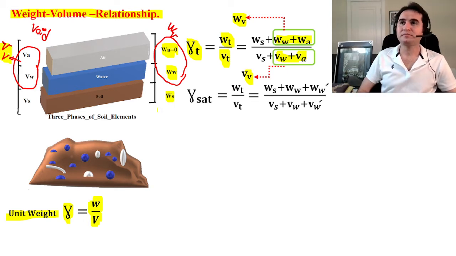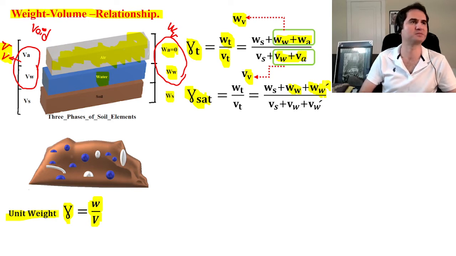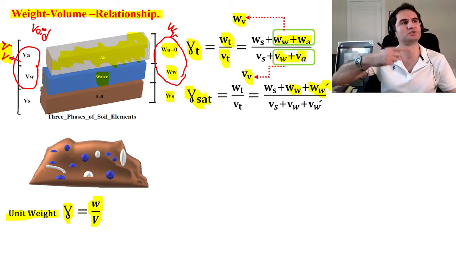And if we consider the saturated unit weight, instead of having water in the middle, we fill all the air space also with water and call that W water prime, or VW prime. Because we have W of water, it's better to call it W water prime. That's additional water which goes to the space initially allocated for air.